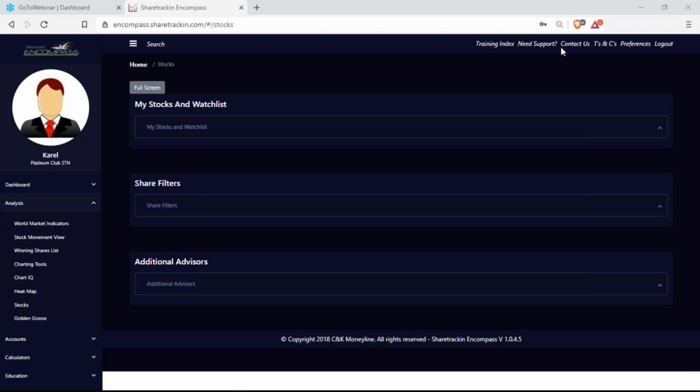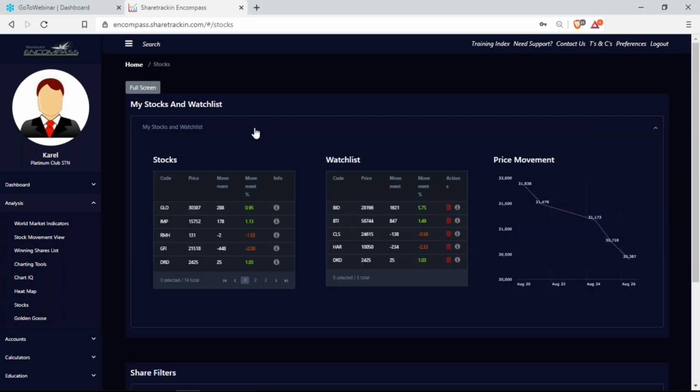And then I will go to my stocks and watch list. First of all, your watch list is there in order for us to keep our eye on shares that don't show a buy yet, so that we can monitor them to get to our ideal share and find the ideal buying point to buy into those shares.